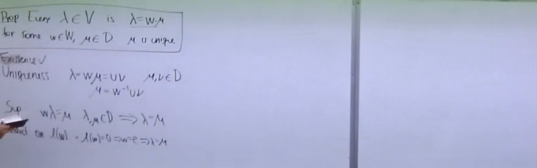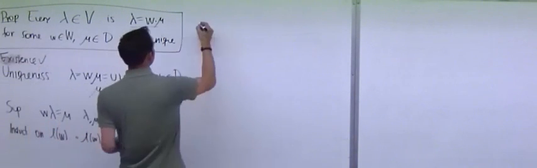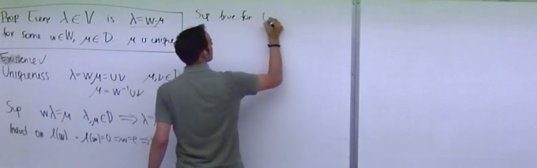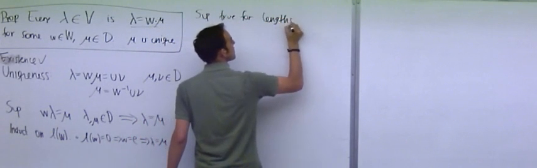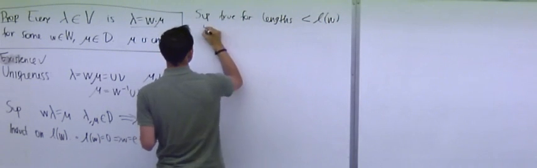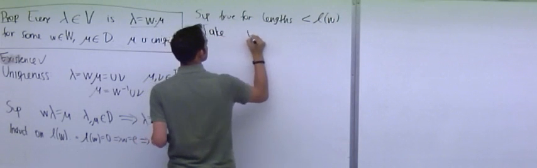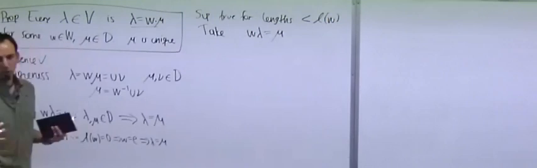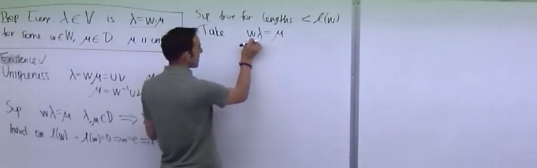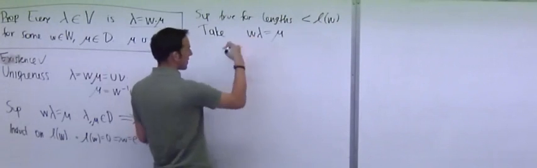So there's no problem there. And now the usual things. We suppose that it's true for lengths less than the length of some w, and now let's prove it for w. And then again, we're going to do the usual argument where we want to apply the proposition for a smaller w.